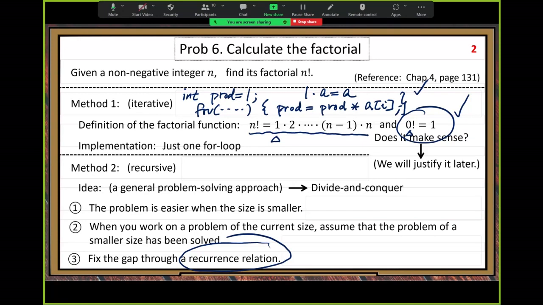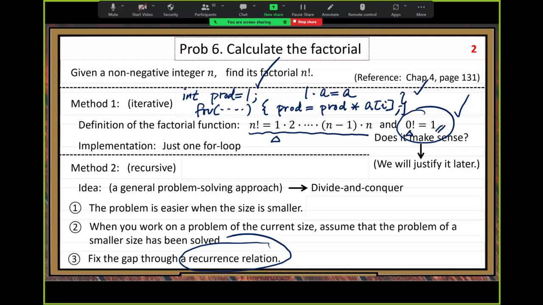We do 0 multiplications. If we do 0 multiplications, that means the initial value is used as the product. So that's why for 0 factorial we take the initial value. This is our first round understanding.